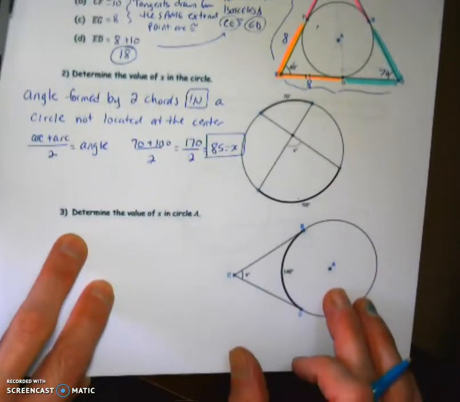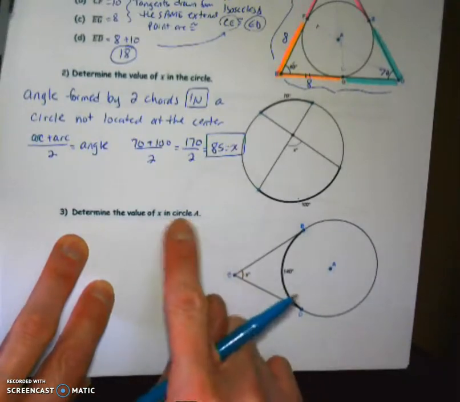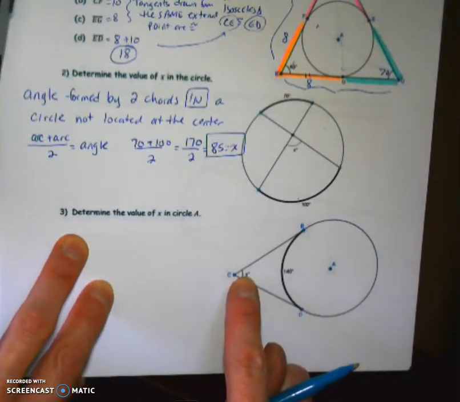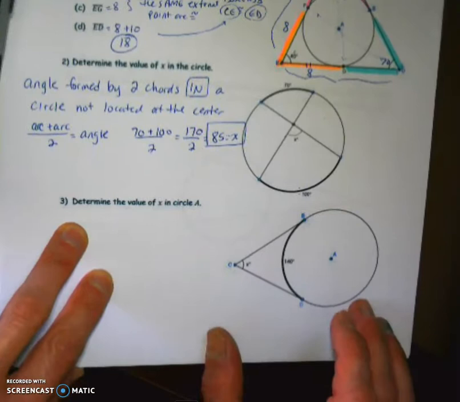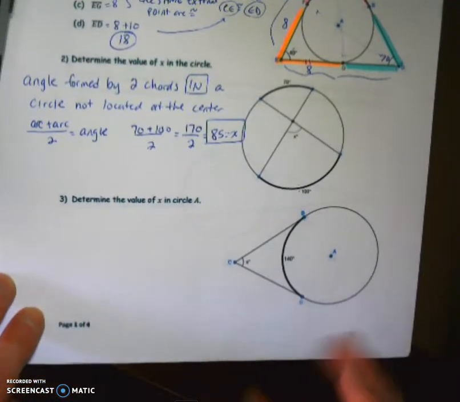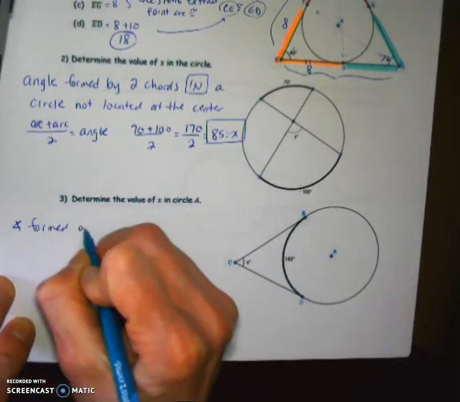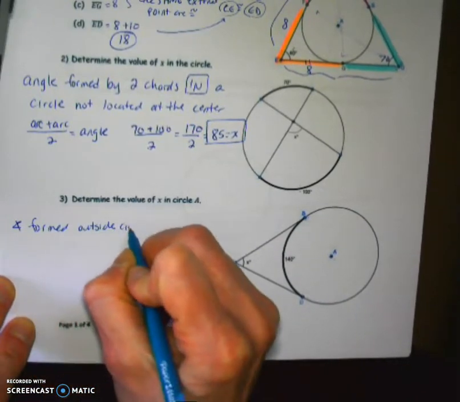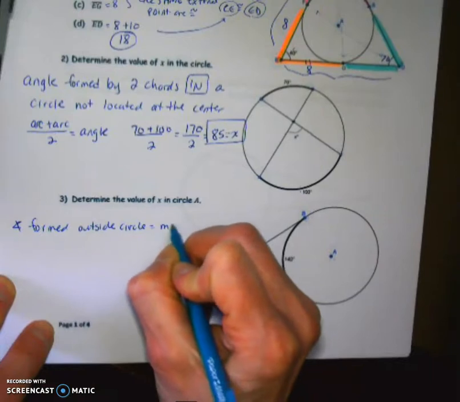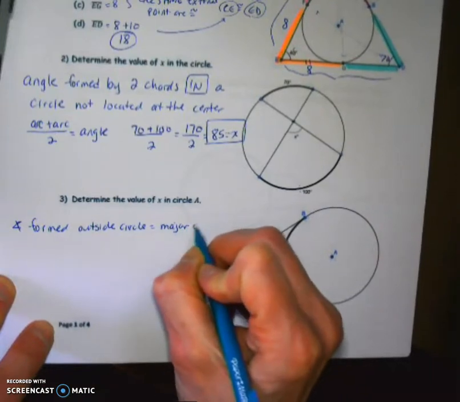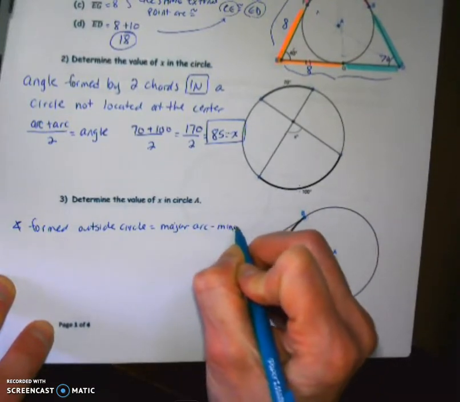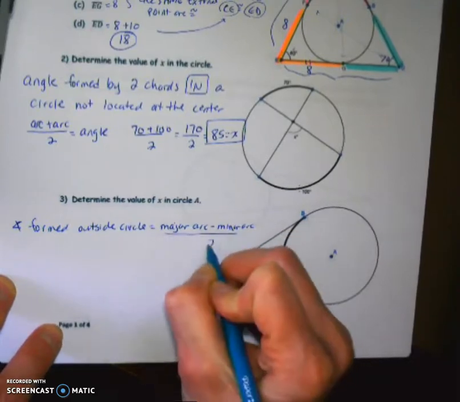Next, they want us to determine the value of x in circle A. Well, this is an angle located outside the circle. There's actually 2 ways of doing this, but an angle formed outside the circle is equal to the major arc minus the minor arc divided by 2.